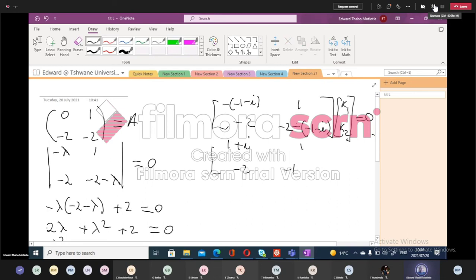Minus 2 multiplied by minus i. This is going to be plus 2i, if I'm not mistaken. So this is K1, K2 equals to 0. So even in this case, these two guys, equation 1 and equation 2, they are actually equal. You have to multiply the above equation by something to get equation 2.